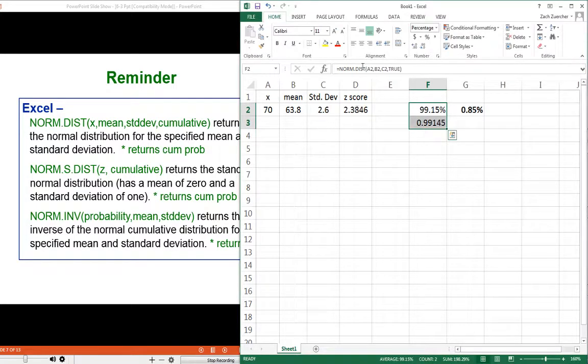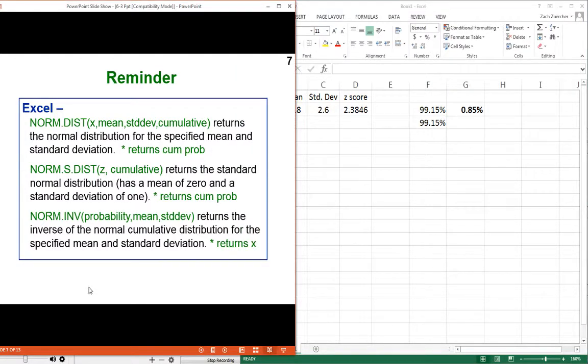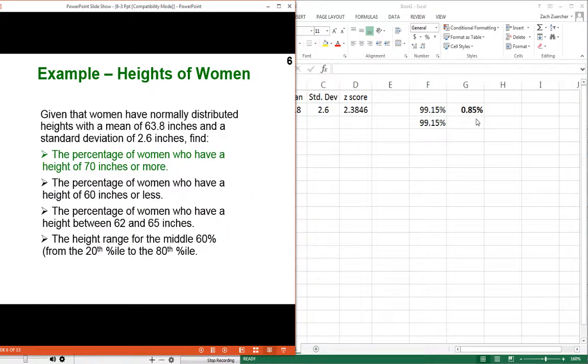Boom. And it's the same value. Okay. And so it's going to give you the same result. 0.85% of the women have a height of 70 inches or more.